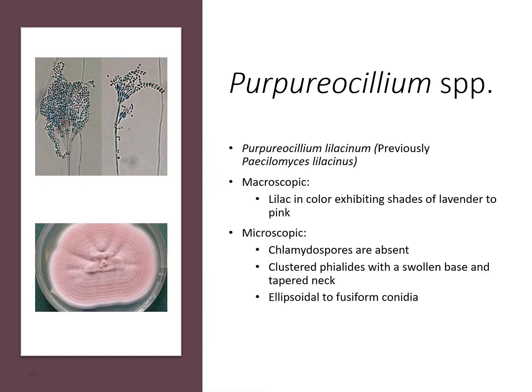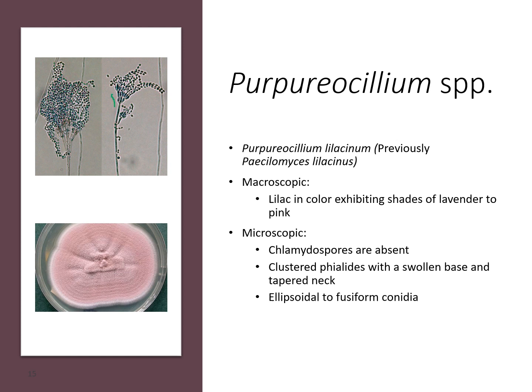Purpureocillium is an organism that appears lilac to various shades of lavender or pink, and you can see that here in this image at the bottom, where it's got that pinkish purple shade to it. For the microscopic appearance, the phialides will be present in clusters, and they also will have that swollen base with the tapered neck appearance, just like the last organism.